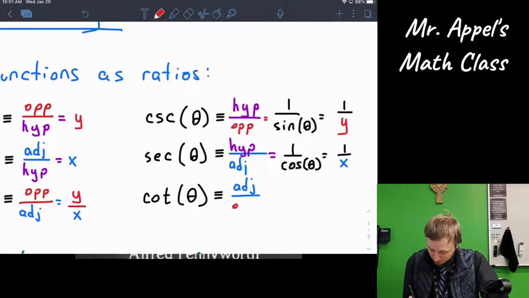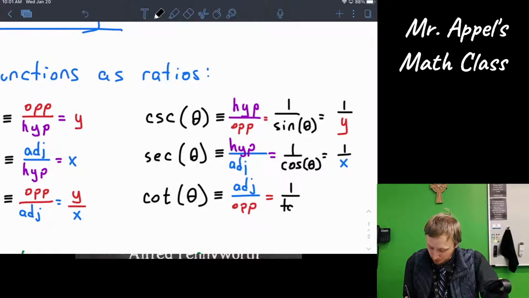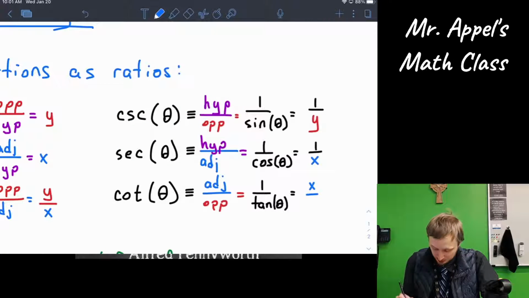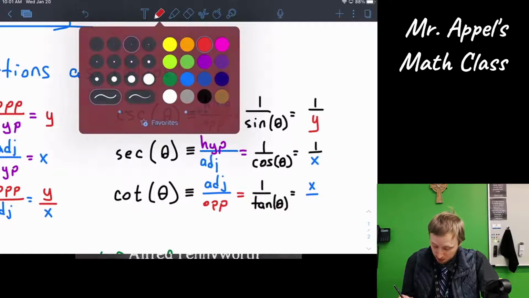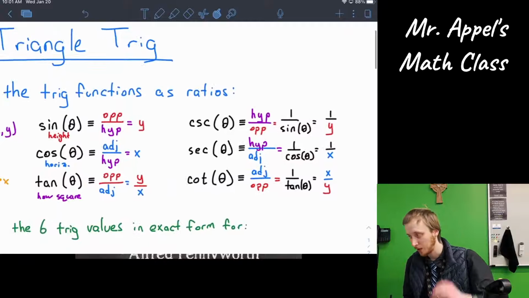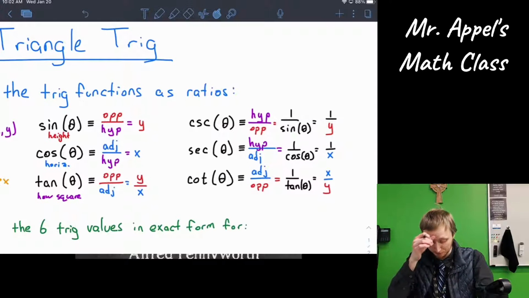That's our reciprocal there. 1 over tangent. And we'll kind of touch a little bit on why that is. Why does cotangent get to be opposite of tangent, but cosecant isn't opposite of cosine? The co means something different, okay? And we'll touch on that at the end.